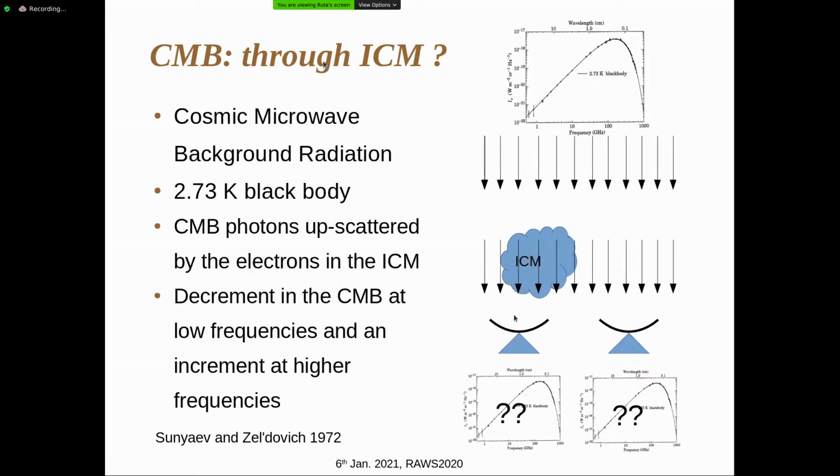This was proposed earlier and then measured. These CMB photons, the microwave background photons, are upscattered by the electrons in the ICM, and therefore in the spectrum they will lead to a decrement at the low frequencies and an increment at high frequencies, because they will upscatter these photons and they will appear as a high frequency population.